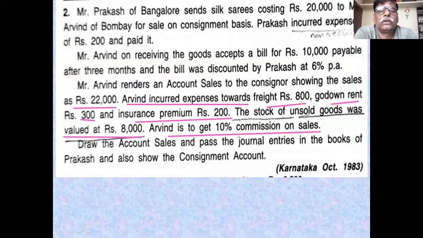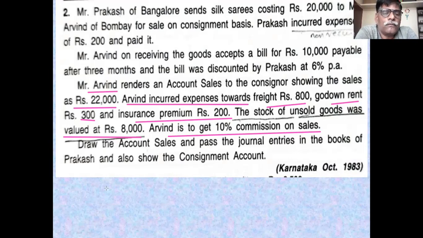So this 10% commission is on the sale of 22,000. On this sale, you calculate 10%: 10% on 22,000 is 2,200. That is the commission, the fourth item on the consignment account. Then close the account, you will get the answer.